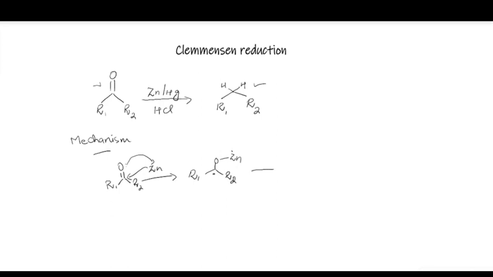Now, because we have more zinc present in the system, this diradical will react with another zinc, and it will allow the removal of this zinc oxide. And at this stage, zinc oxide is removed, and what we get as a result is this intermediate, like this.